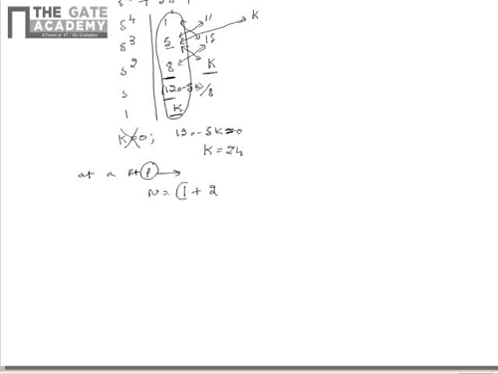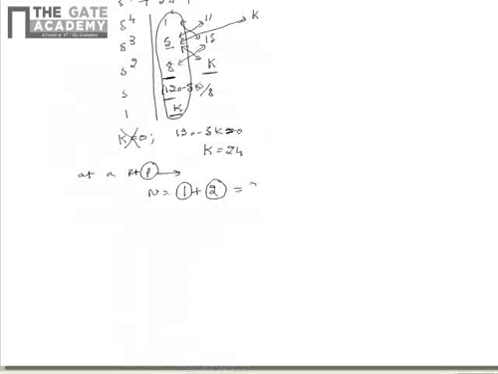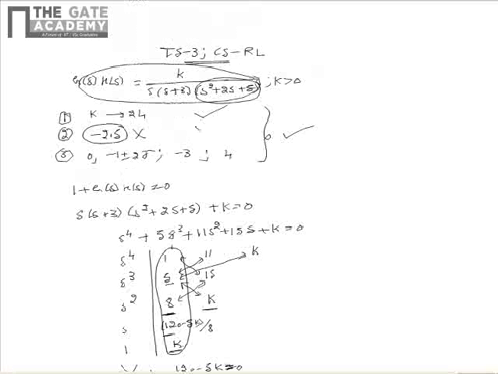This 1 corresponds to the pole at 0, and this 2 corresponds to the poles minus 1 plus or minus 2j, which correspond to the term s square plus 2s plus 5. So this is equal to 3. As this number is odd, the root locus lies at the point minus 2.5, and so statement 2 is not correct because it says that root locus doesn't lie at the point minus 2.5.